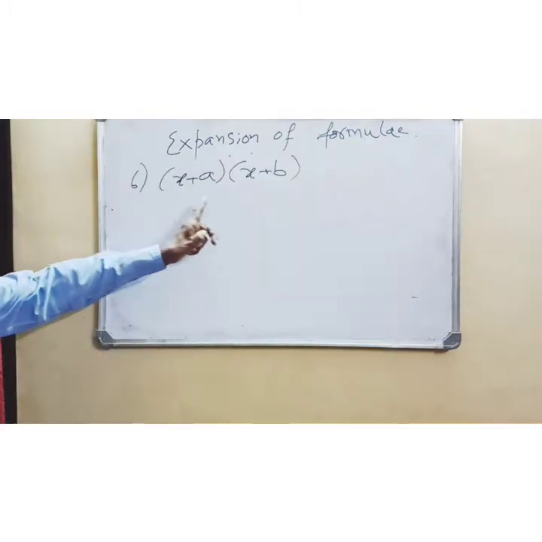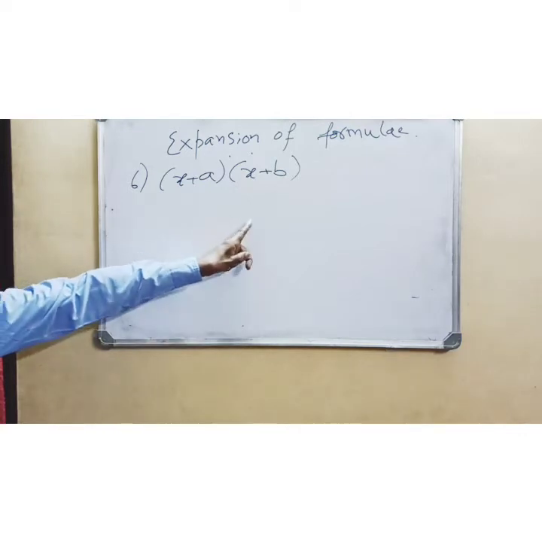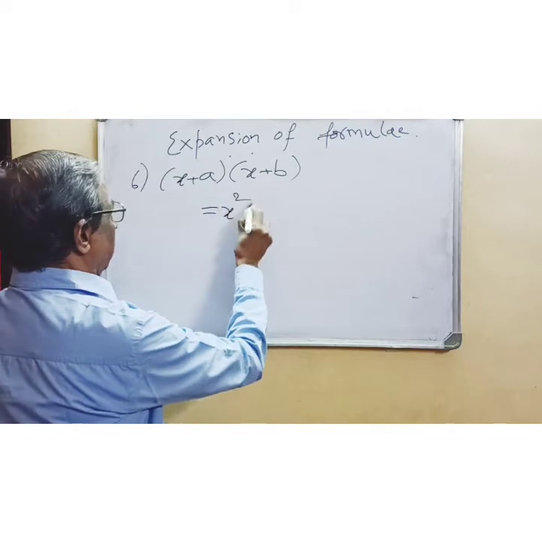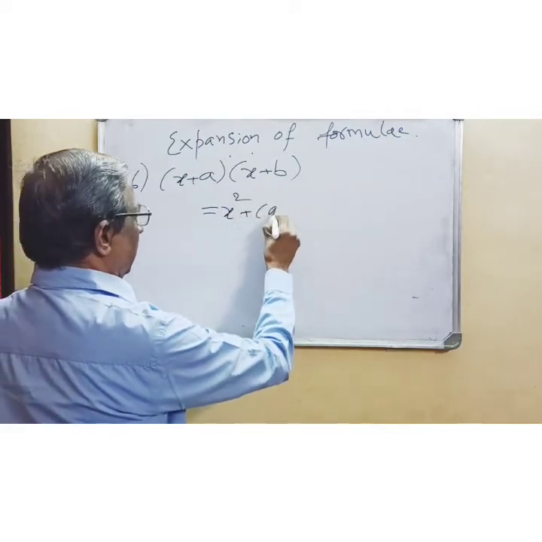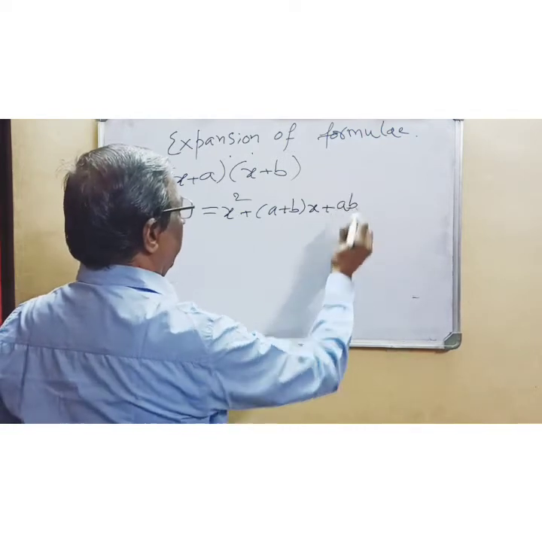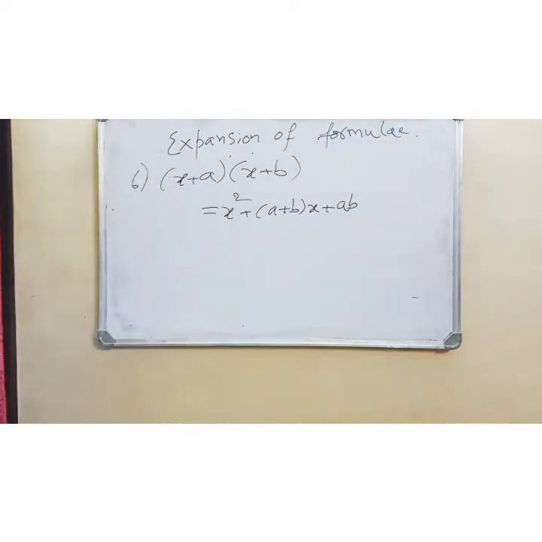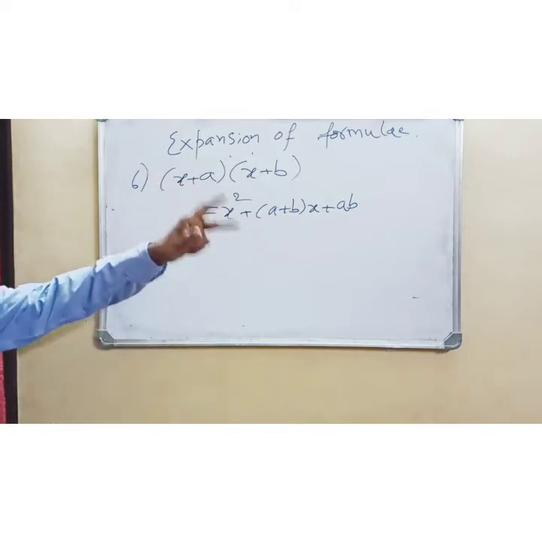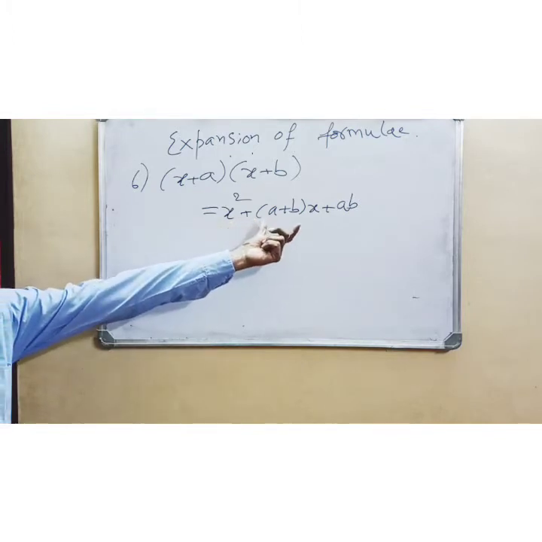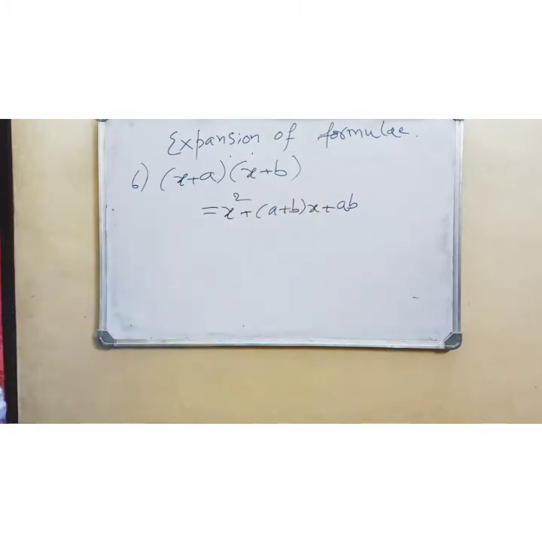So x plus A into x plus B is equal to, this we have to write as x square plus A plus B into x plus AB. This is very simple. If you apply this and take x common, you will get x square plus bracket A plus B into x plus AB.